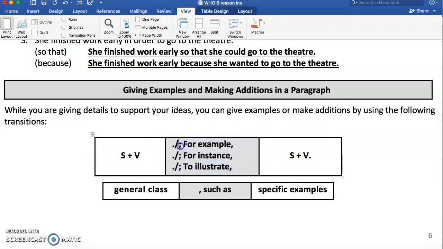And as you see, there are two punctuation alternatives. Just like we mentioned for the linkers, punctuation for the linkers as a result, therefore, consequently, remember. Or we can use such as, but be careful, when we use such as, we don't have a full sentence after it. Okay.